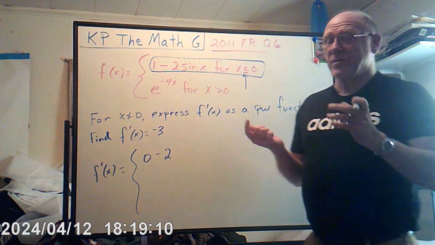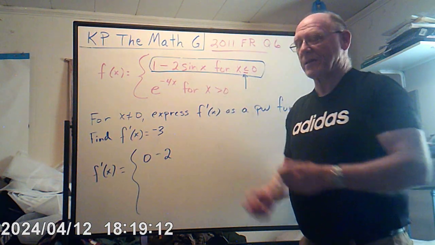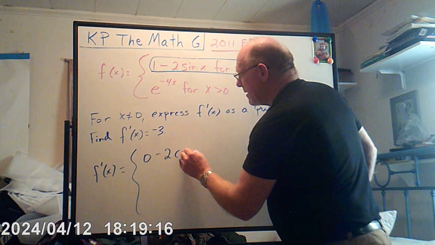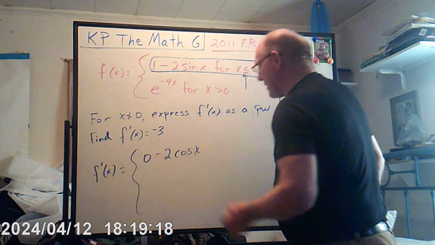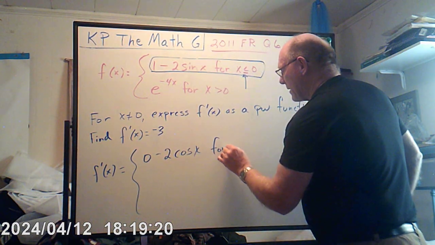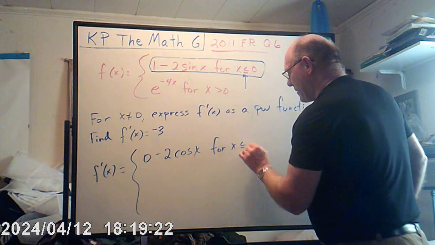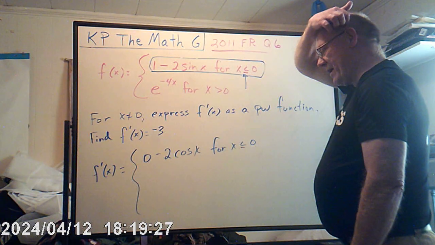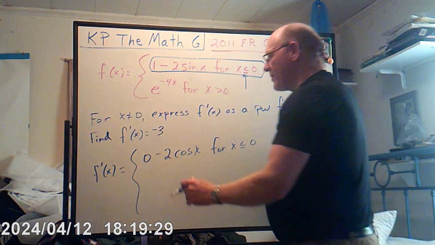The antiderivative of sine is negative cosine, but the derivative of sine is cosine, negative cosine x, for x less than or equal to 0.